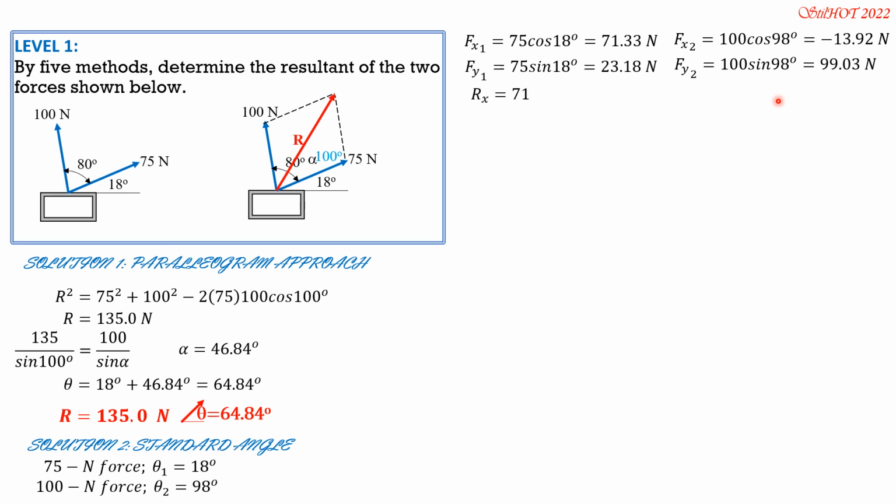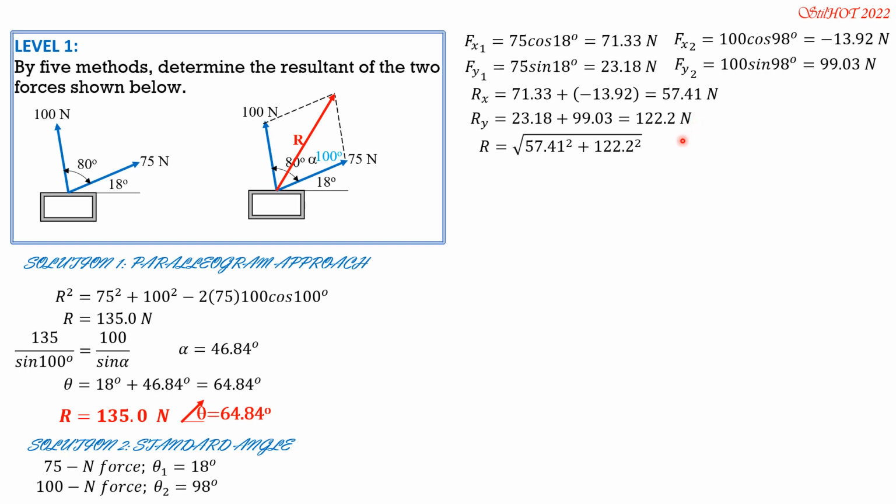Then Rx is simply Fx1, 71.33, plus Fx2, negative 13.92, so 57.41. Ry is Fy1, 23.18, plus 99.03, 122.2. So the magnitude of R is the square root of 57.41 squared plus 122.2 squared. Both components are positive, so it is up to the right.